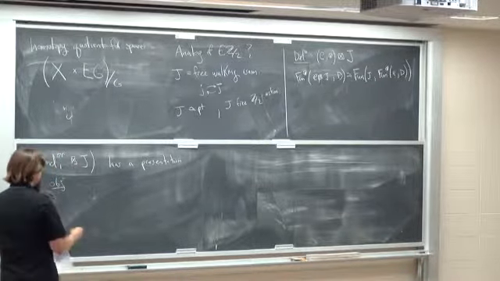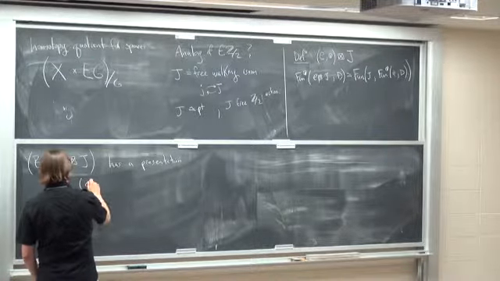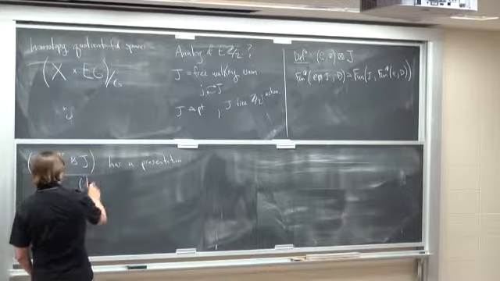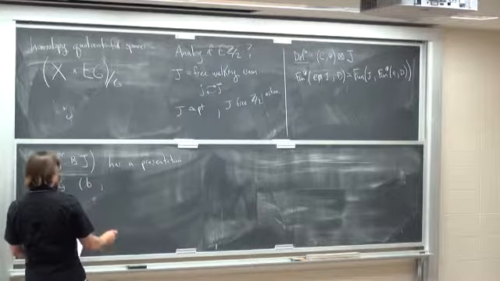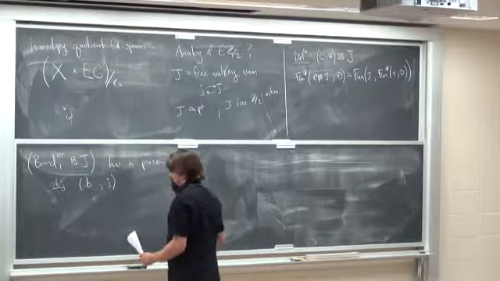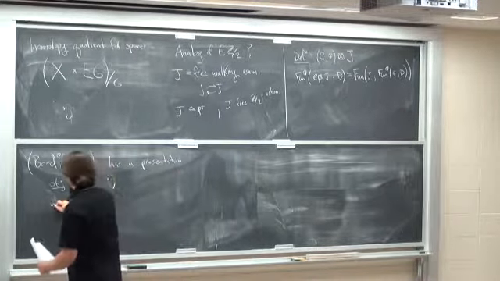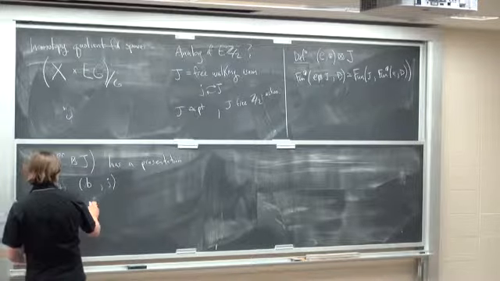It's sort of freely generated as a symmetric monoidal category by pairs which look like an object in the bordism category, maybe I'll call it B, and an object in this J, maybe I'll call it J. And morphisms look like pairs of morphisms.